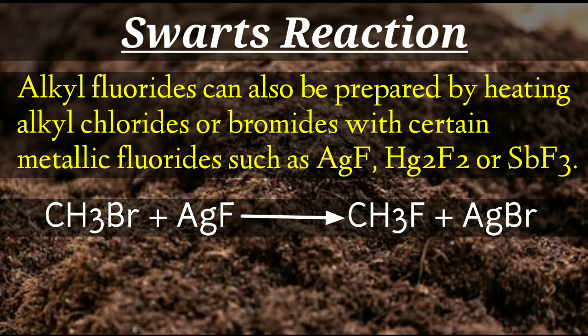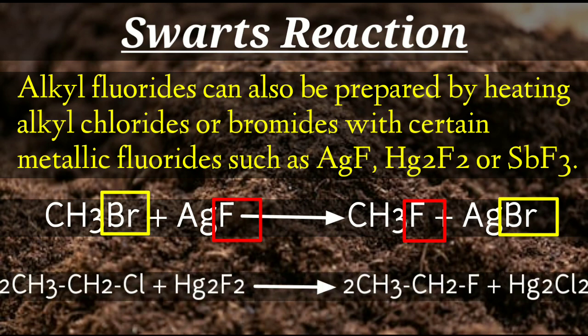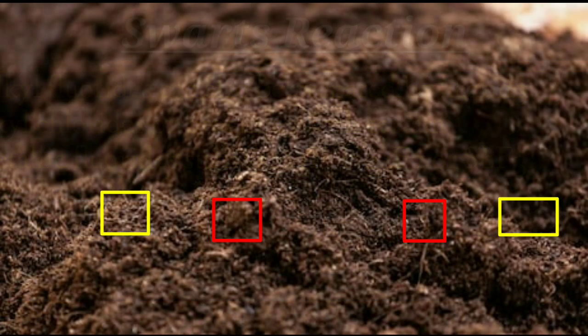Look at this chemical reaction, CH3Br plus AgF. When this mixture is heated, the bromide ion from methyl gets substituted by fluoride. Similarly, when ethyl chloride is treated with Hg2F2, we will get the corresponding fluoride, that is ethyl fluoride. So in this way alkyl fluorides can be obtained. This is the Swarts reaction. Remember it for preparing alkyl fluorides.